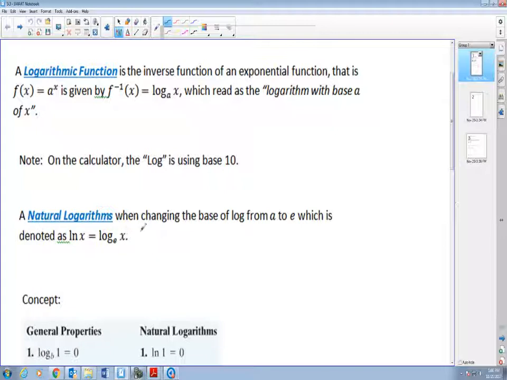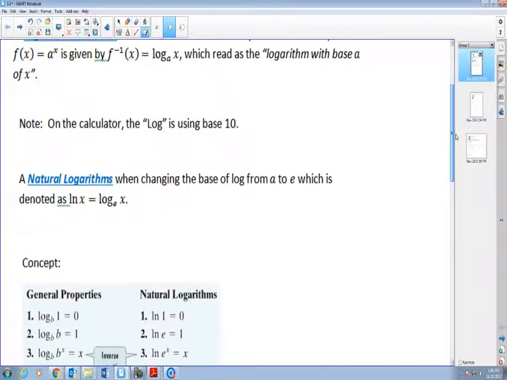Natural log is basically changing the base from a regular base a to a base e. If I change my base to the number e, we get what we call the natural log. So what's a natural log? Natural log is a logarithm with just base e.